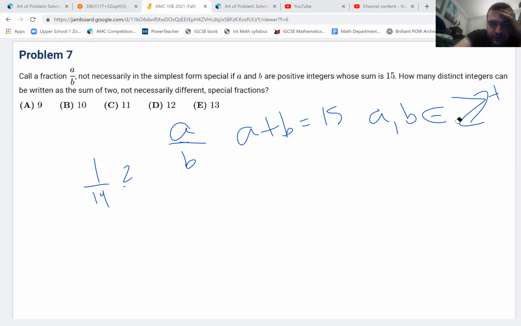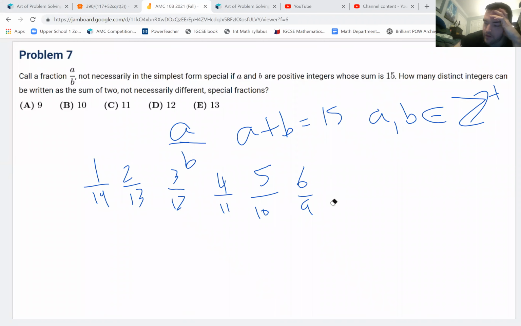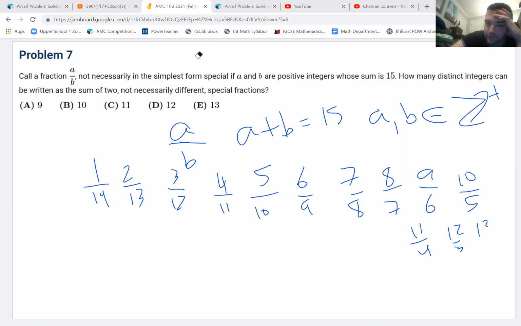So you have 1 over 14, 2 over 13, 3 over 12, 4 over 11, 5 over 10, 6 over 9, 7 over 8, 8 over 7, 9 over 6, 10 over 5, 11 over 4, 12 over 3, 13 over 2, and 14 over 1. So those are your special fractions.